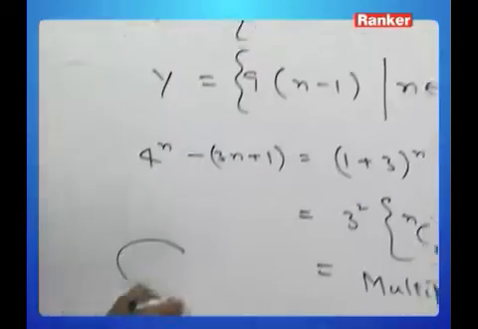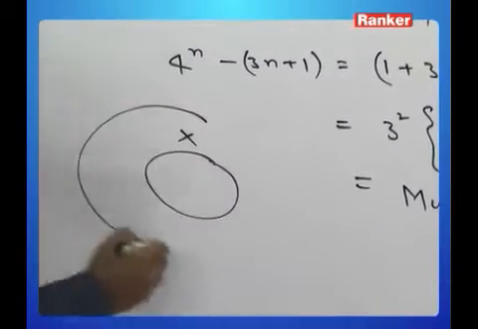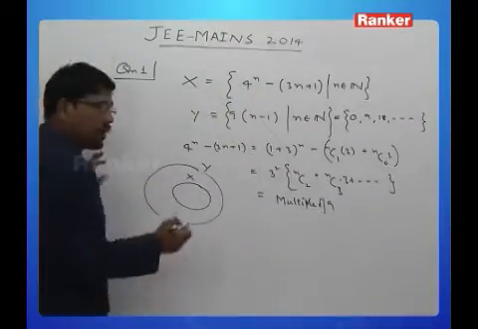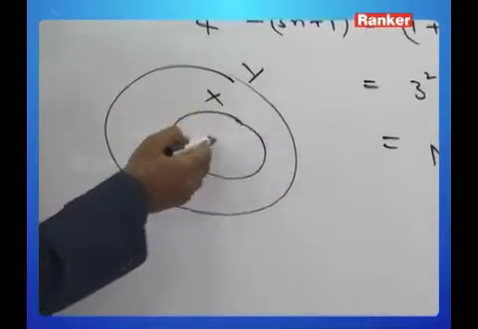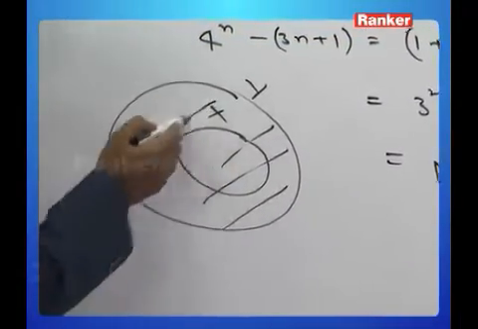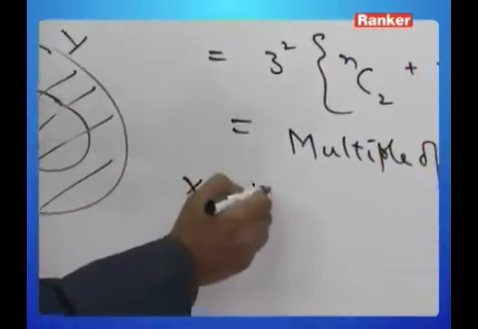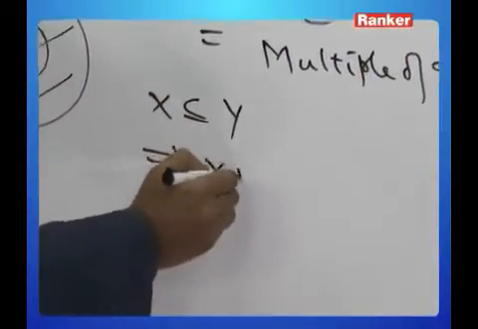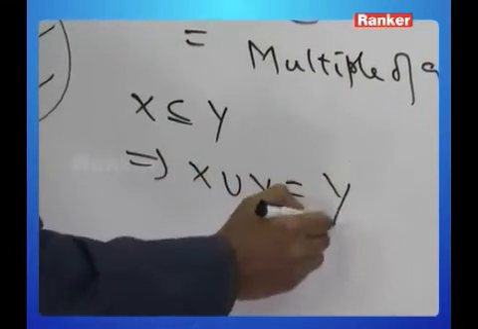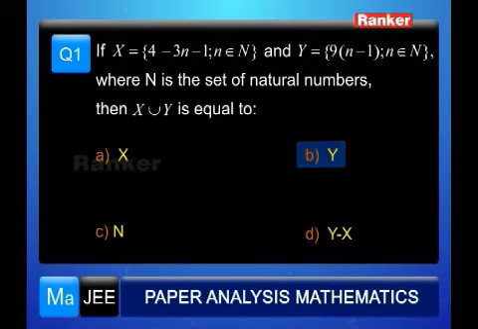So x is a part of y. So what will be the union of x and y? It will be the entire y only. So x being a subset of y here, clearly it implies that x union y is equal to y. So option 2 is the right answer.